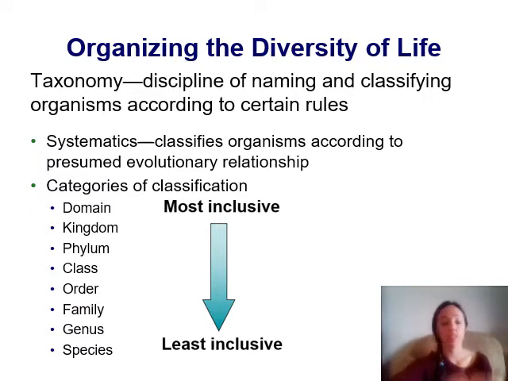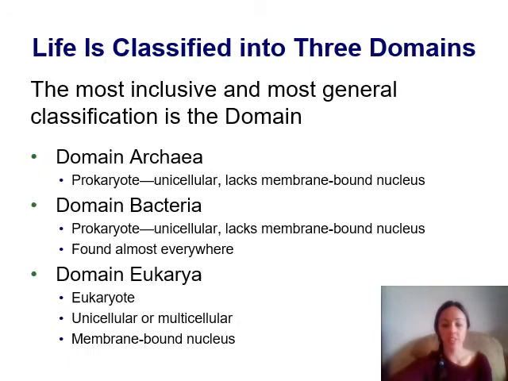You have all plants and animals within the domain group itself, but as you go to species, you only have one species in that grouping. You will see that as we continue the lecture.